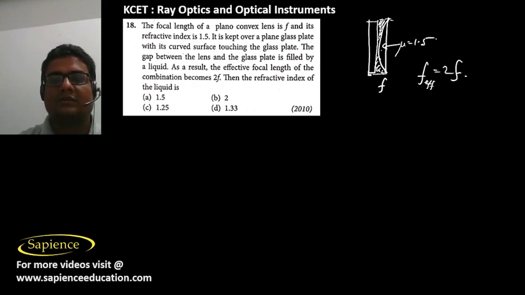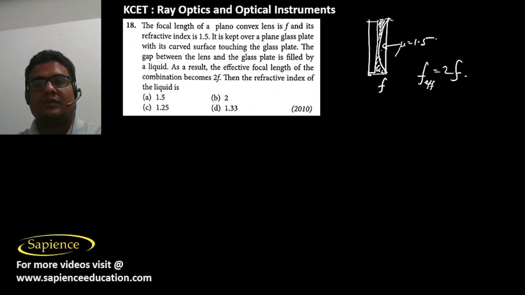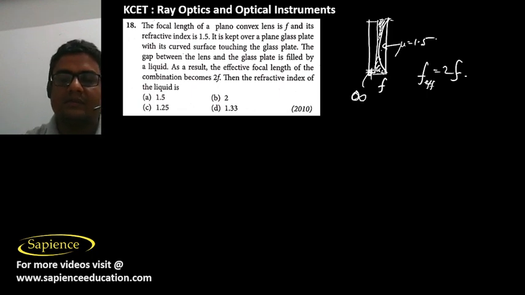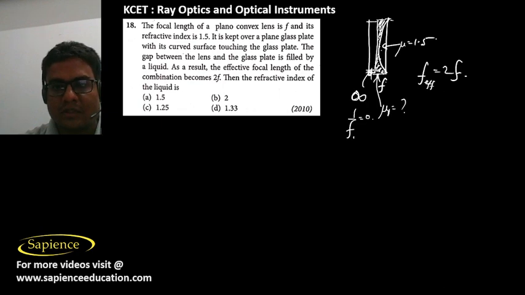Now, the focal length of the glass plate will be infinity, so 1 by f will be 0 for this. And this liquid part is acting like a concave lens.